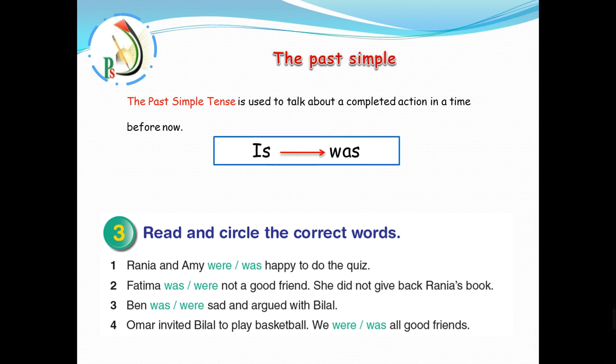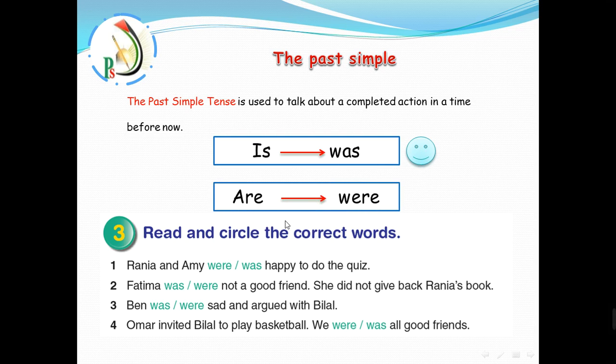And we have today 2 verbs. Is, and the past form of is is was, and we use it when we talk about singular. And we have here are when we talk about plural. So is a helping verb, verb to be. We have is and are.